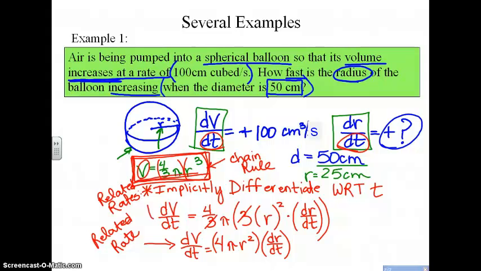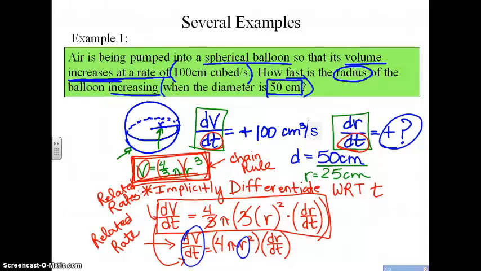And we implicitly differentiated, and now we know the relationship between dV/dt and dr/dt. It is right here. Now we're ready to actually answer this question, because I have a value for dV/dt, and I have a value for r. If I plug those values in, then I just have one variable left. And lo and behold, that's the variable I need to solve for.